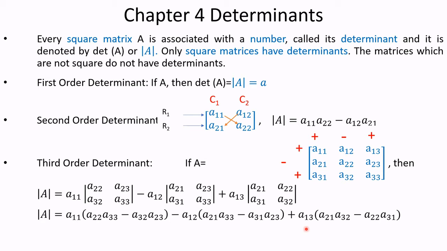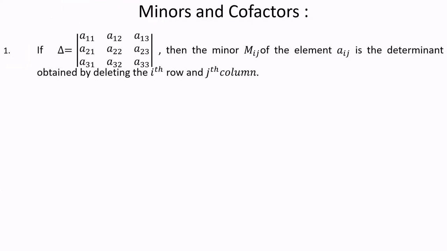Next, we will discuss more about minors and cofactors. If delta is equal to the determinant between two vertical lines, A11, A12, A13, A21, A22 and A23, and in the third row A31, A32 and A33.